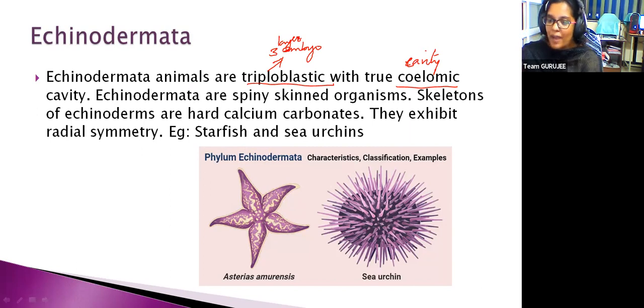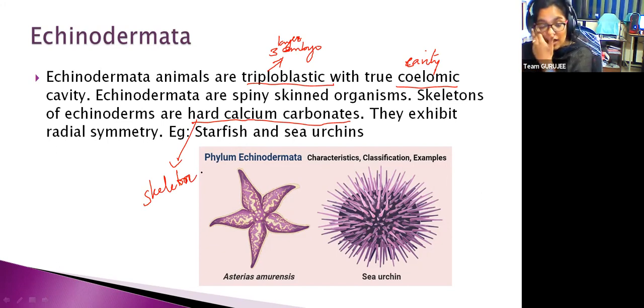They have spiny skin, like pointed skin. They are mostly spiny skinned. The skeletons of echinoderms are made up of hard calcium carbonate, so it's very hard.